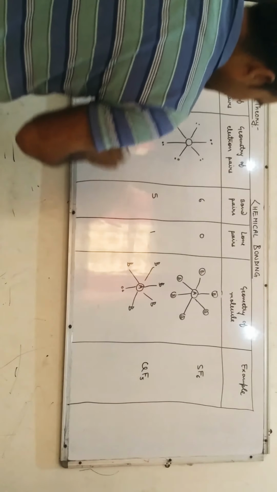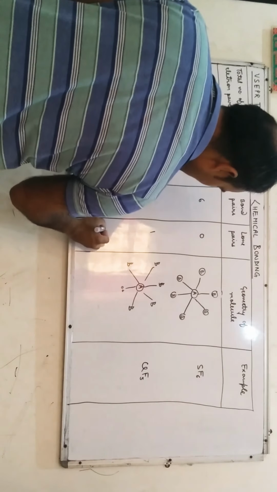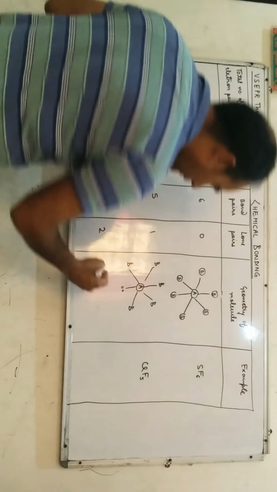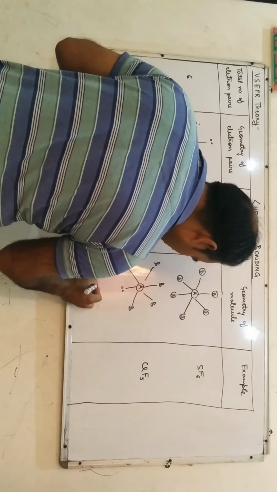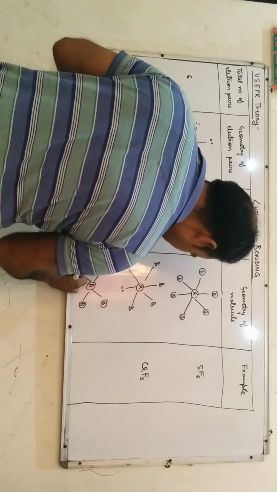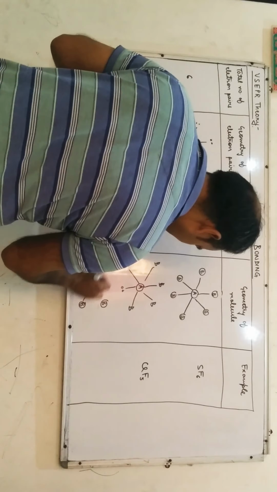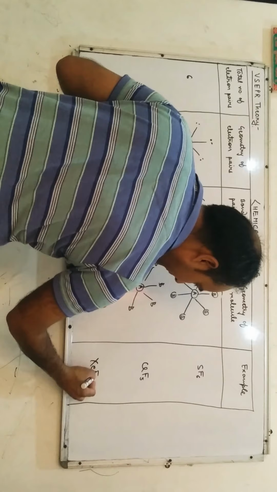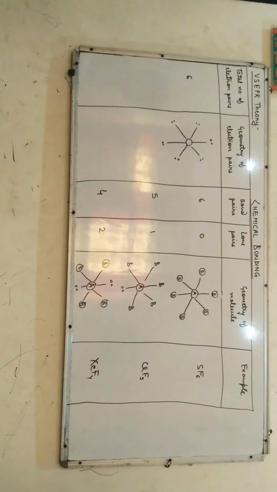Now let us consider the situation in which bond pair is 4, lone pair is 2. If bond pair is 4, lone pair is 2, the shape of molecule illustrated like this manner. And the example of it is XeF4. So these are the situations in which the total number of electron pair are 6.